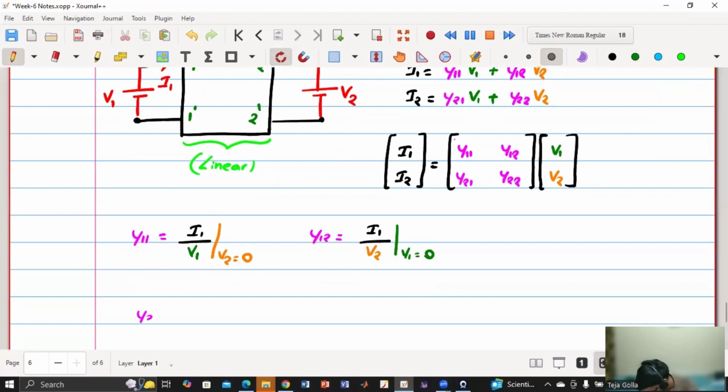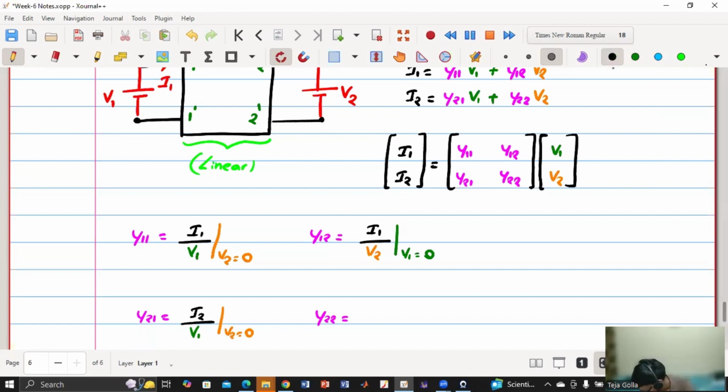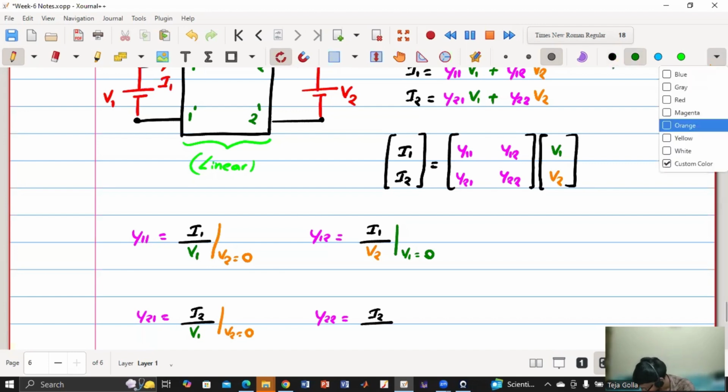Similarly, what is Y21? Y21 is I2 by V1 when V2 is 0. And then Y22 is I2 by V2 when V1 is 0.